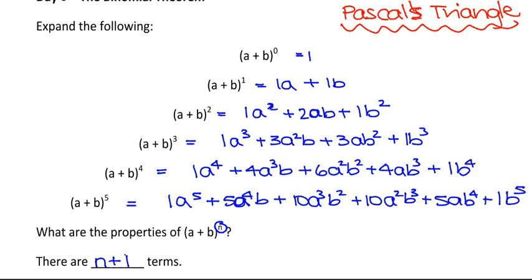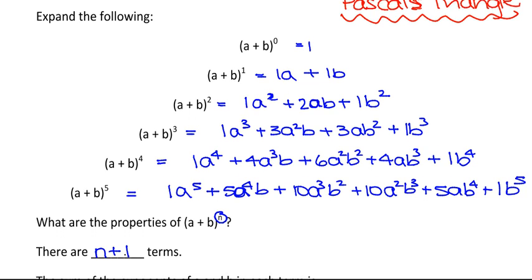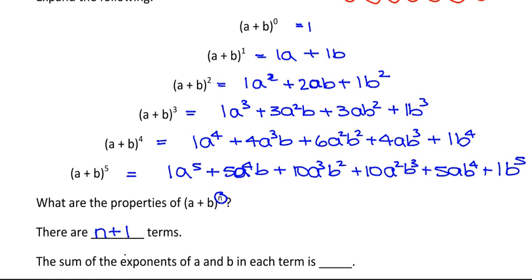What about the sum of the exponents of a and b in each term? So let's take a look at that. Let's just pick (a plus b) to the power of 4. The sum of the exponents in the first term is 4, right? There's only a, so it's a to the power of 4. In the second term, I have a cubed times b to the invisible 1.